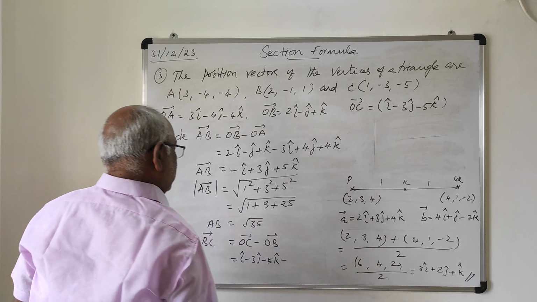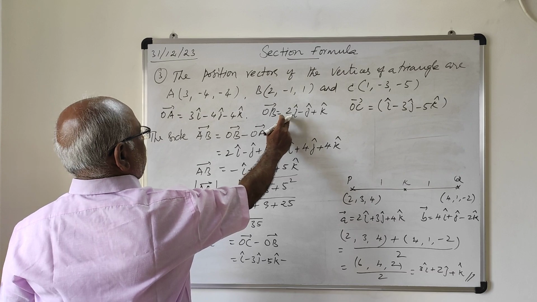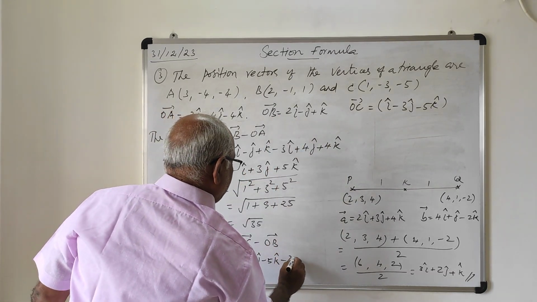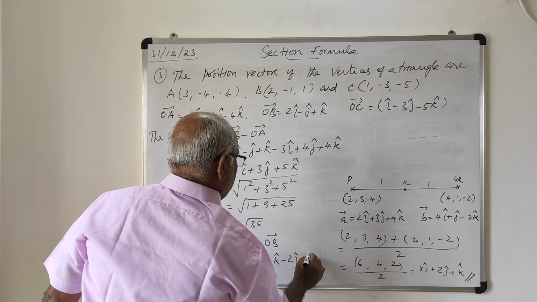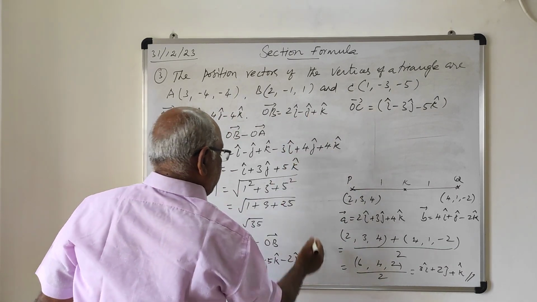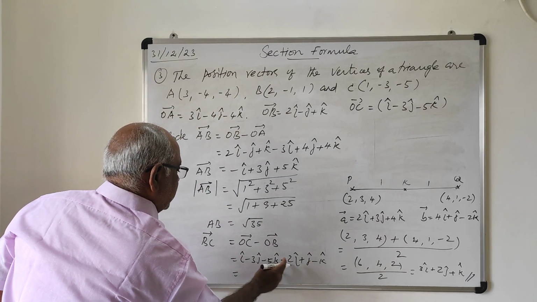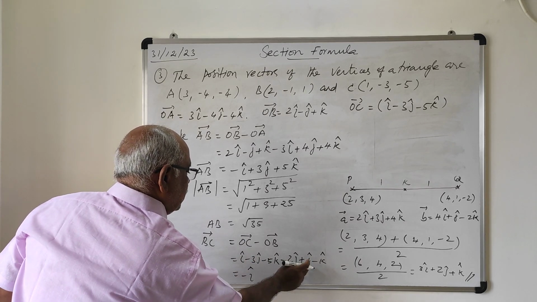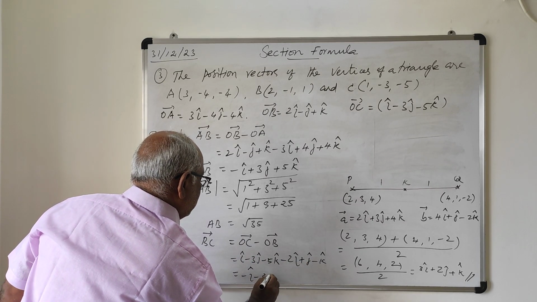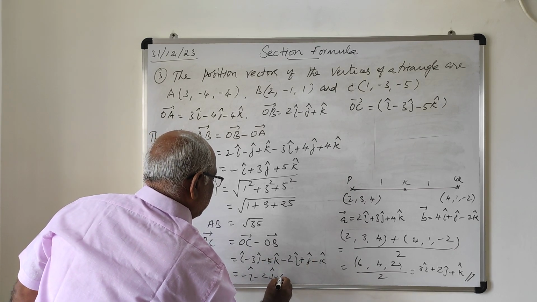OC minus OB: you multiply the OB vector by minus, giving minus 2i plus j minus k. Here you get minus 2i plus i is minus i, minus 3j plus j is minus 2j, and minus 5k minus k is minus 6k.